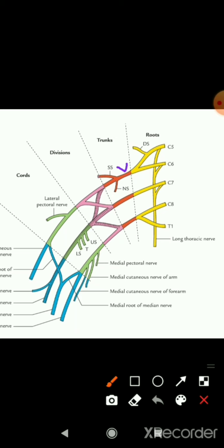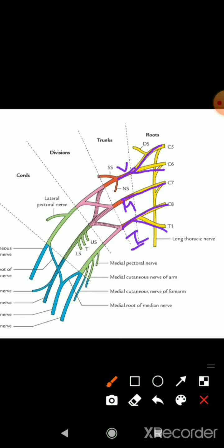This is the upper trunk, this is the middle trunk, and this is the inferior trunk. The upper trunk is formed by the union of cervical 5 and cervical 6 root, the middle trunk is formed by cervical 7, and the inferior or lower trunk is formed by cervical 8 and thoracic 1 root.